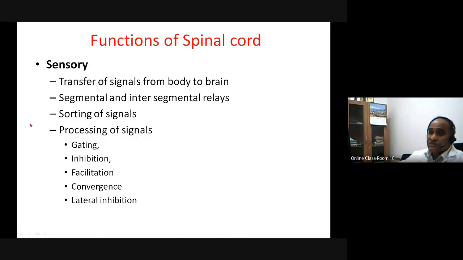Then there is what is called gating, especially certain information is gated. Like pain, if you are stimulating a neuron, as in acupuncture, the pain is reduced, or decreased, or lost. So this is gating. These are the processing happening in the spinal cord, all happening at the sensory level, in the posterior horn or the dorsal horn.